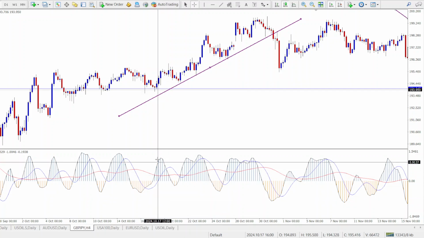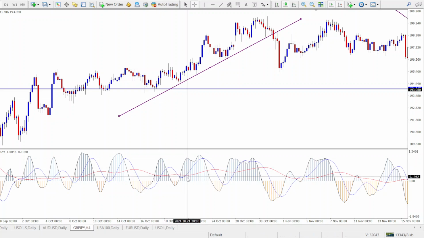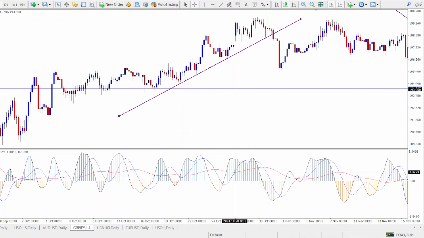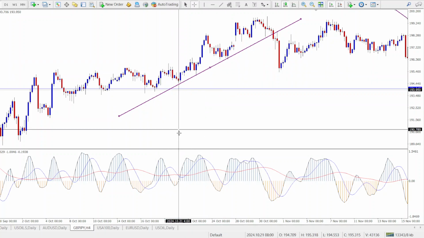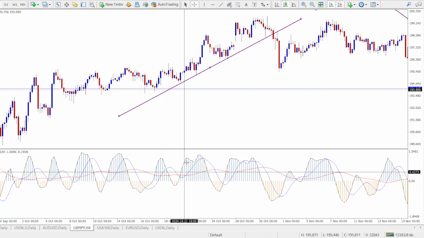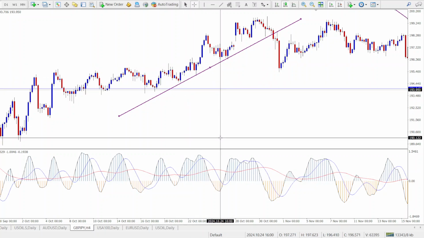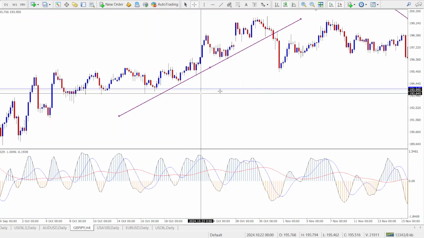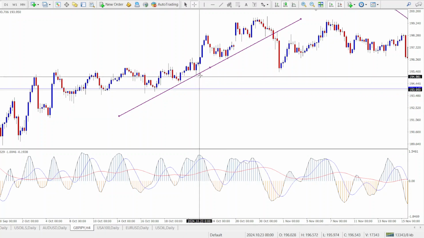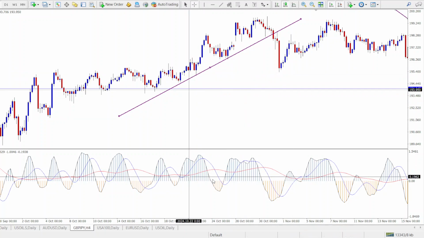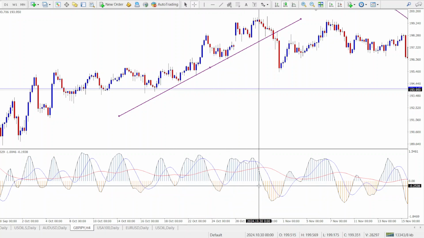So we got a buy signal around here, we got another buy signal around here, we got another buy signal around here. So we can see that right after pullbacks, the indicator kept on giving us buy signals. So when you are using this indicator in a trending market, you can catch continuations on time using the FX Fish 2MA indicator.